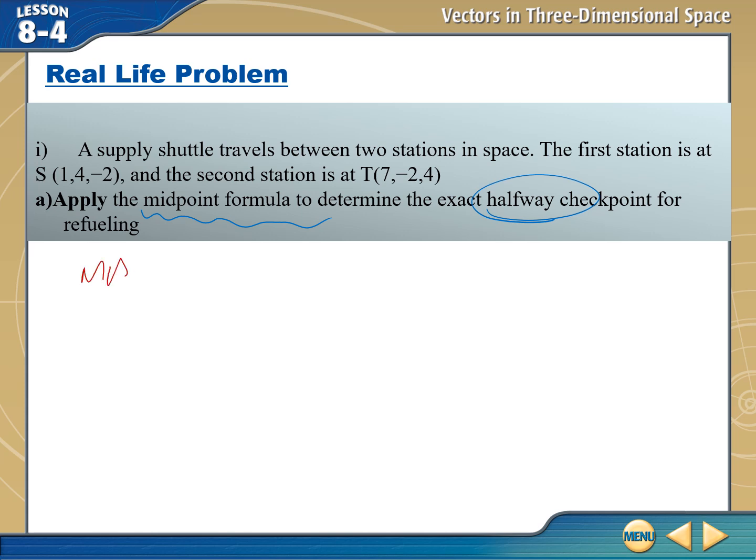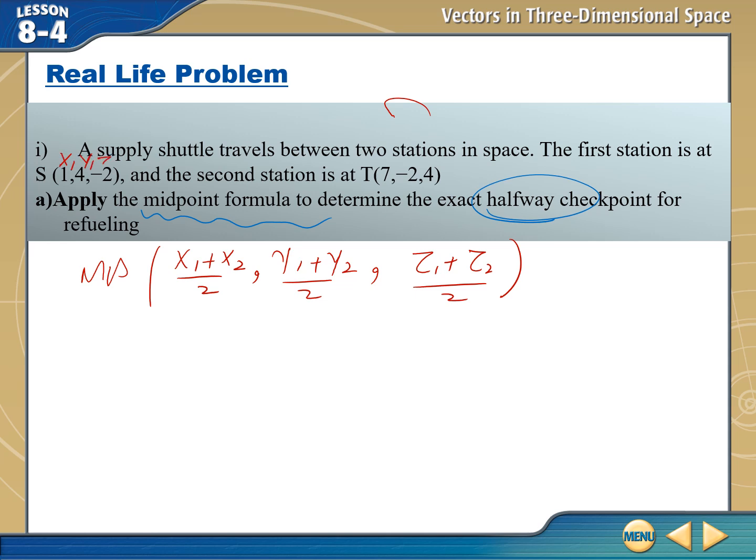So what is the formula of midpoint? Now you must remember x1 plus x2 divided by 2, y1 plus y2 divided by 2, z1 plus z2 divided by 2. So now let's name it. I am writing over here: the S coordinates, name it as x1, y1 and z1 and T coordinates as x2, y2 and z2.